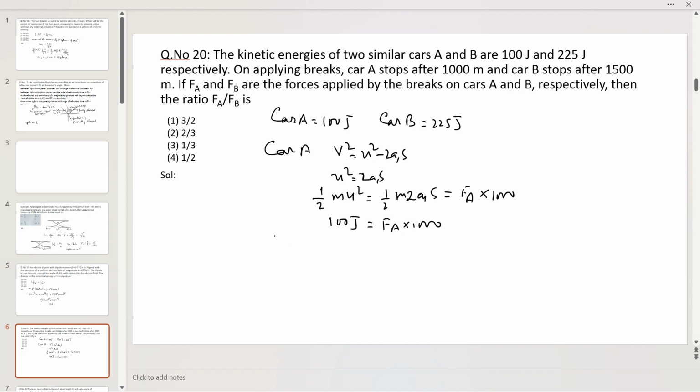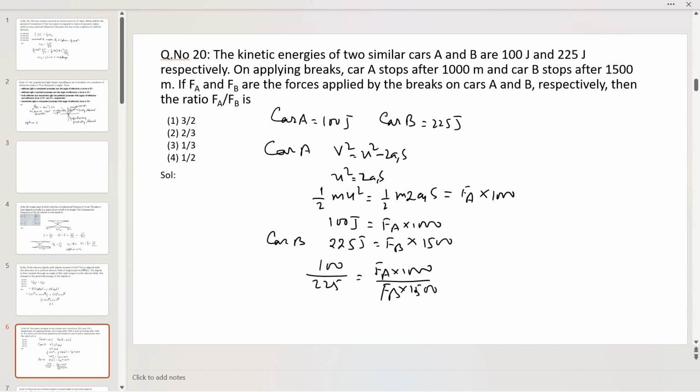Similarly for car B, it is 225 joules. That is equal to FB into 1500. Now we divide these two equations. We are going to get 100 by 225 is equal to FA into 1000 divided by FB into 1500.